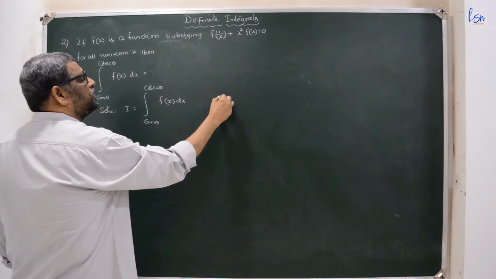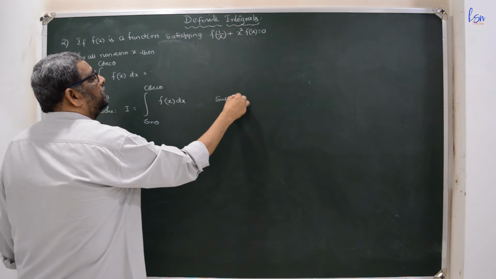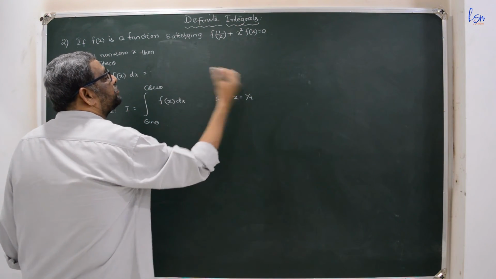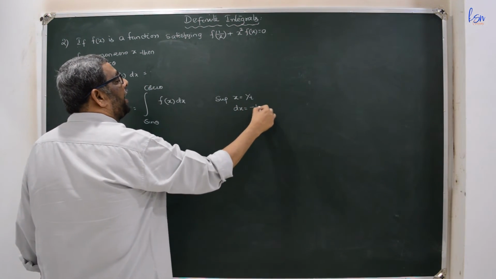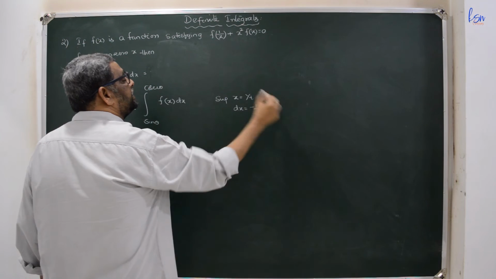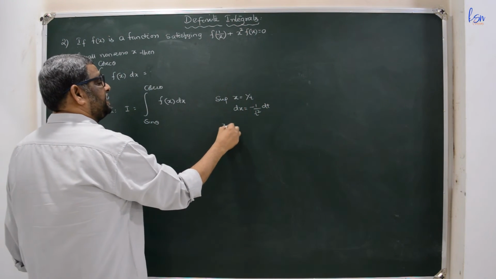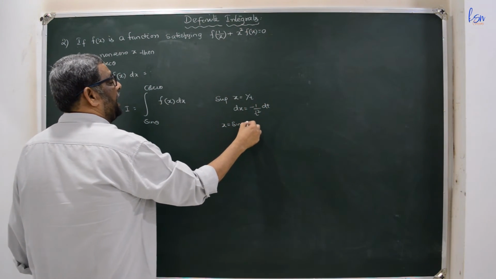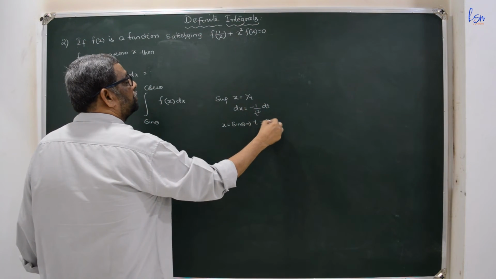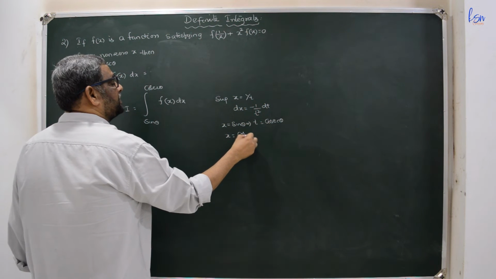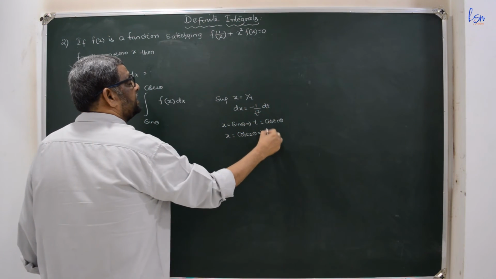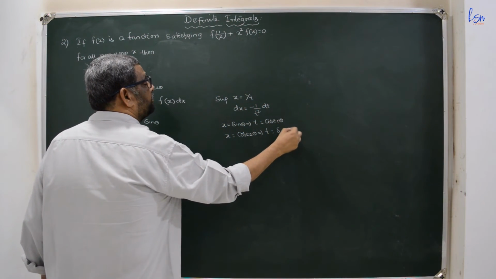So let us have the substitution. Suppose x is equal to 1 by t, dx is equal to minus 1 by t square dt. Put x is equal to sin theta, implies t equal to cosecant theta. Put x is equal to cosecant theta, implies t equal to sin theta.